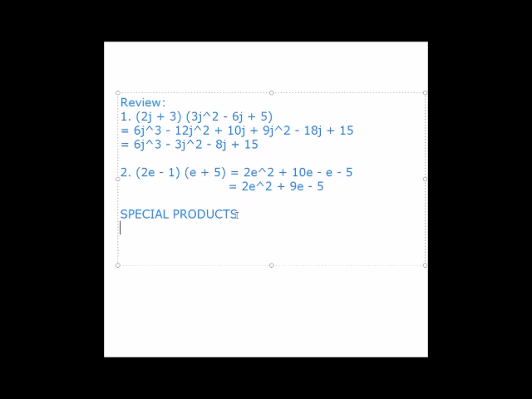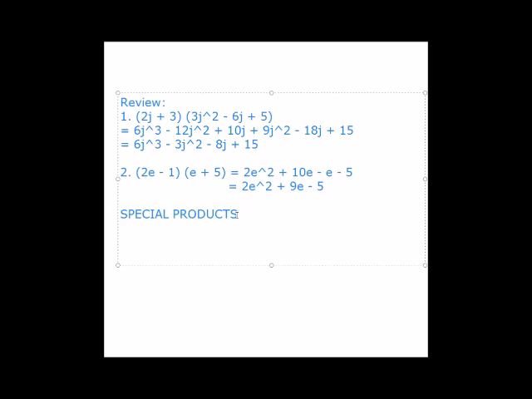Because when we multiply binomials, we can also have the product as another binomial. So let us discuss more why and when it happens.